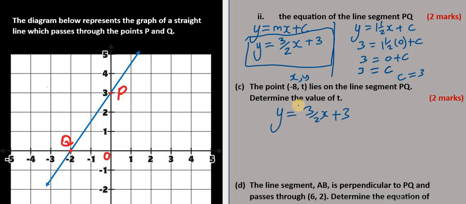Let's see how. All we've got to do is take the x value and substitute it. So we can put y = 3 over 2, replace x with -8, since that's what it is in this case for the point (-8, t), plus 3. So this equation will help us to find either the x or the y given one and not the other. So we're going to have y = 3/2 of -8, plus 3.